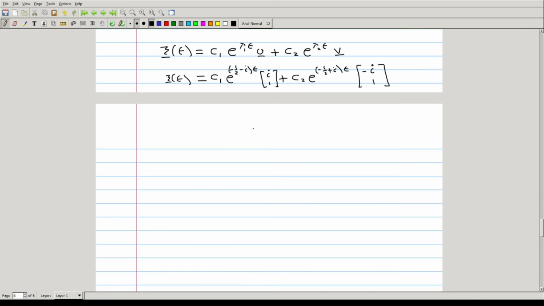So here we have two fundamental solutions. The first is phi1 of t is equal to e to the negative 1/2 minus i times t times the vector 0, 1 plus i times 1, 0.